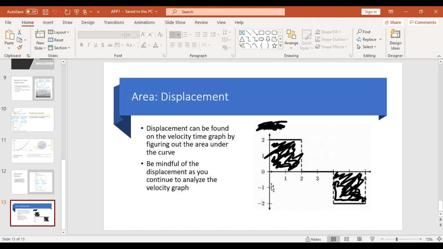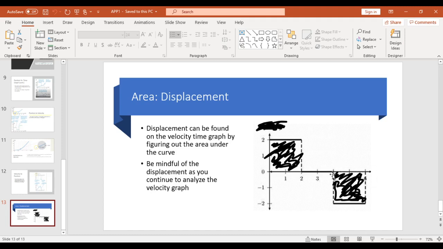Okay. Now, how do you analyze that? Well, there are numerous ways you can analyze this. If I were to ask you what's the displacement from 0 to 2 seconds, you would have to find the area from 0 to 2 seconds. So it would be 2 times 2, which is 4 meters, right? And same thing here, from 4 to 6. Notice how I said 4 to 6. You're not starting at 0 to 6, you're starting at 4 to 6.